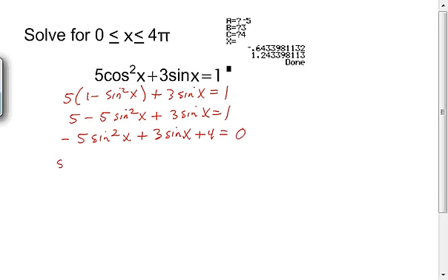So now remember, that's what sine x is equal to. So sine x equals negative 0.6434, or sine x is equal to 1.2434. All right, now these I can solve with arc sine.